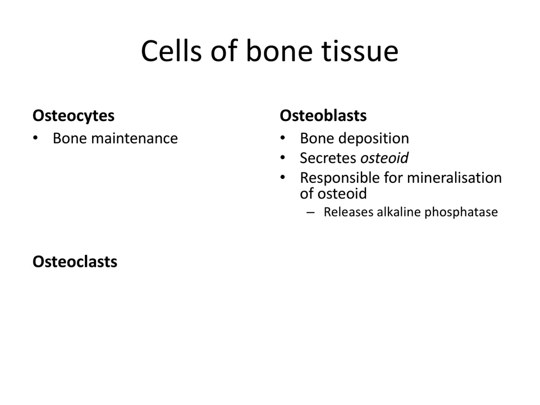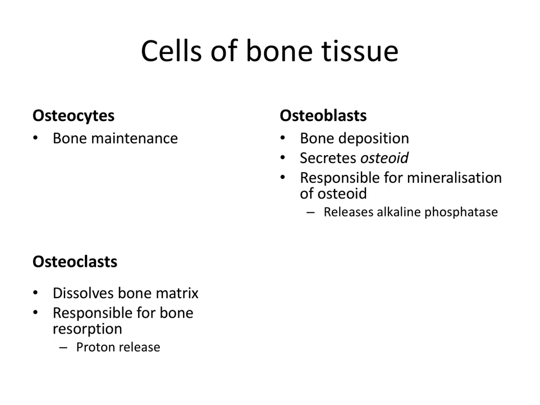Osteoclasts. Osteoclasts are responsible for dissolving bone matrix, and they're responsible for bone resorption, so the breakdown of the bone matrix. And they do this by releasing protons. See, a lot of the minerals within the inorganic matrix of bone are acid soluble.